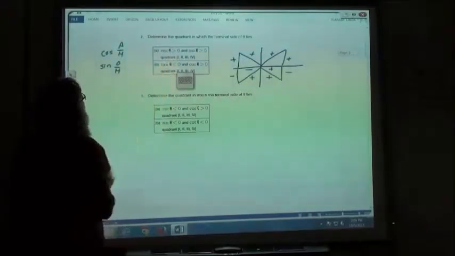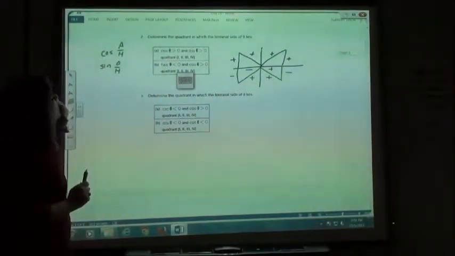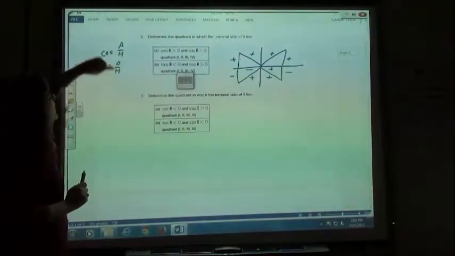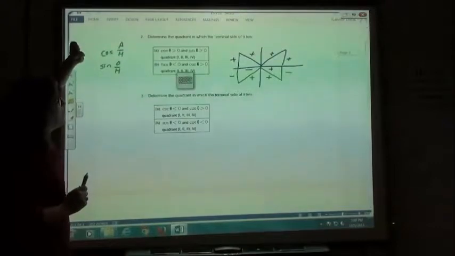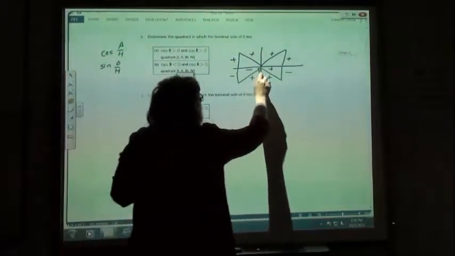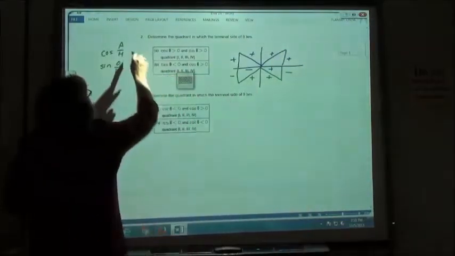I want my cosine to be positive, which means I'd have to have a positive over a positive. And so my hypotenuse is always positive. That means I want my adjacent to always be positive, which means, here's my adjacent side, quadrant 1 and quadrant 4.